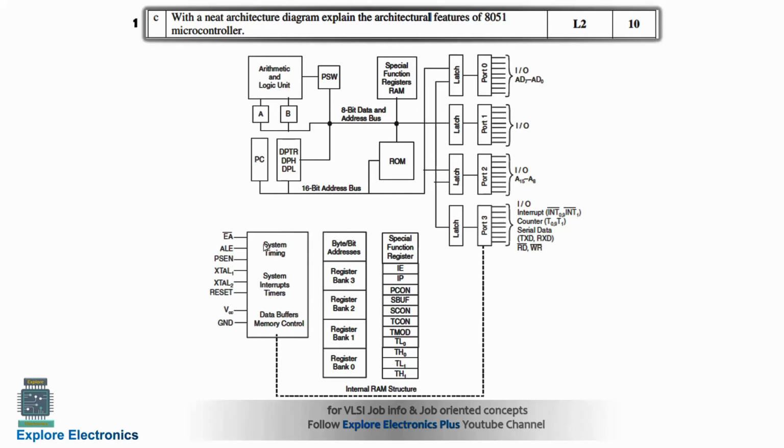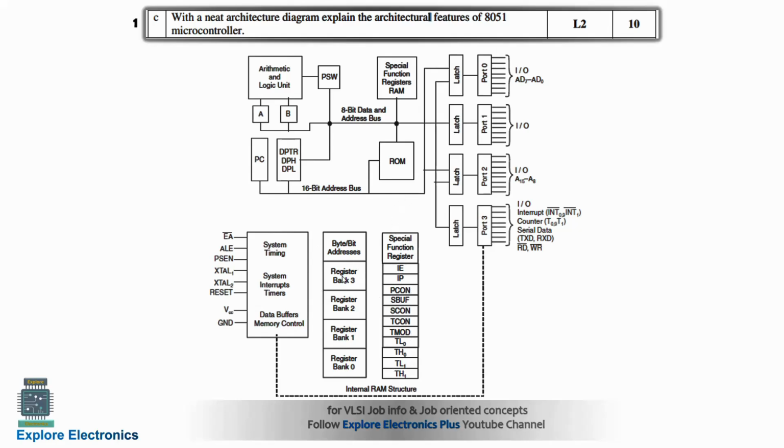Then coming to the other registers, there are special function registers such as PCON, SCON, TMOD, TCON, and these are all required for special functionality, interrupt handling as well as other functions. You need to explain these.